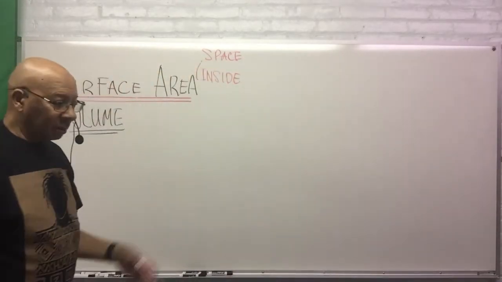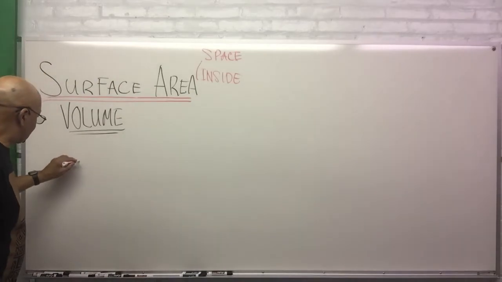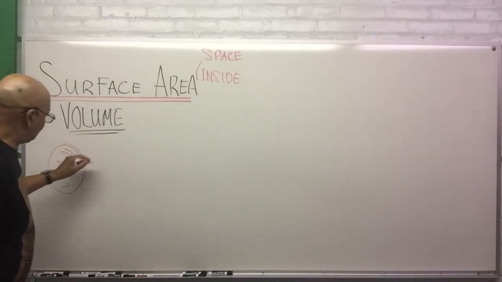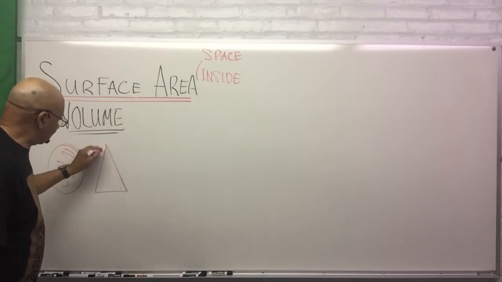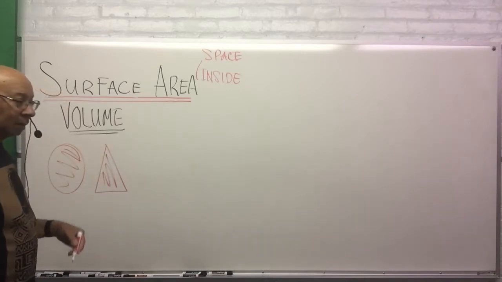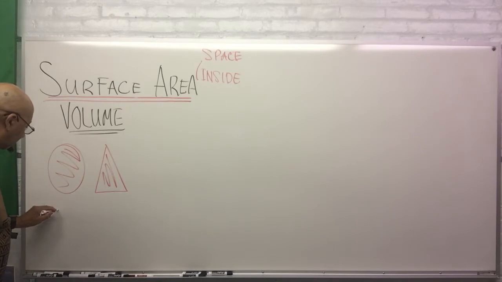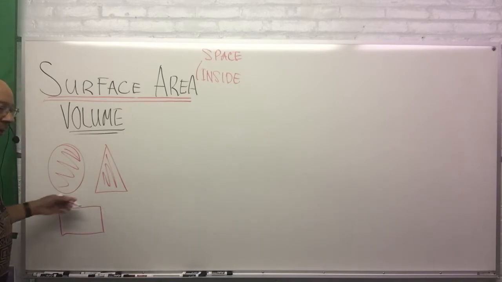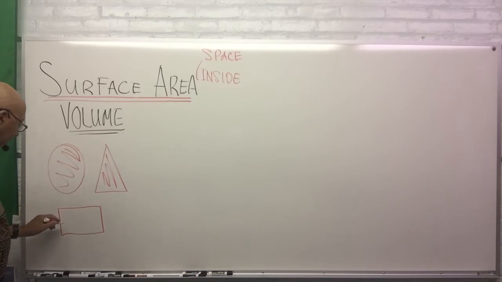It could be a circle, the area is the space inside of a circle. It could be a triangle, the space inside the triangle is area. It could be any polygon, which means multiple-sided figure. So this would be the area.